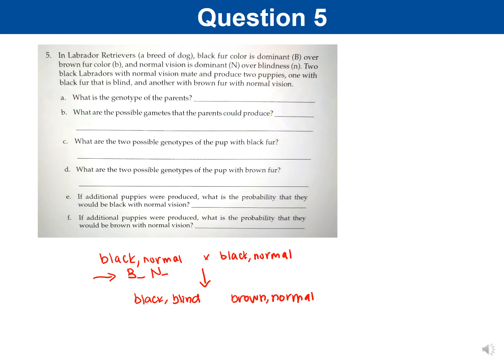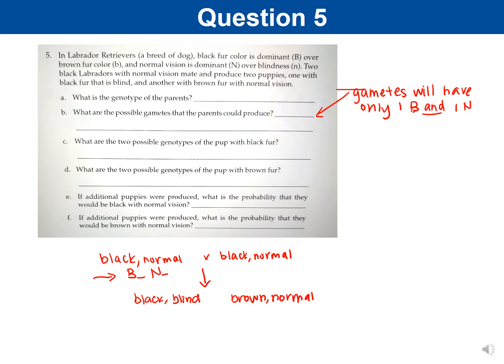Then for B, it says, what are the possible gametes that the parents could produce? My hint for gametes is to make sure gametes will have only one B, whether it's uppercase or lowercase, and one N, whether it's uppercase or lowercase.